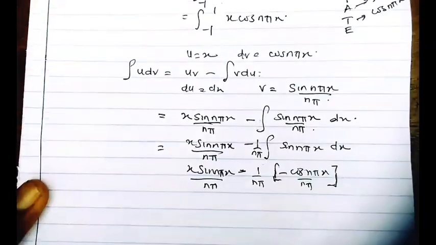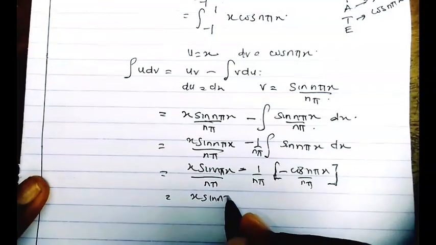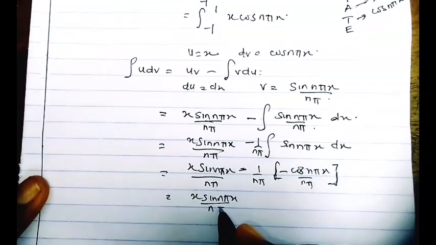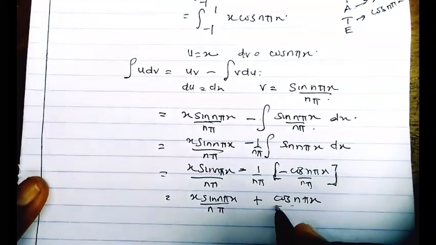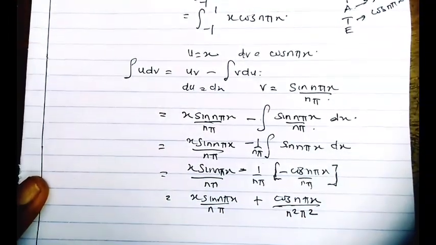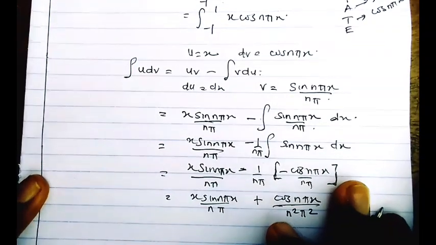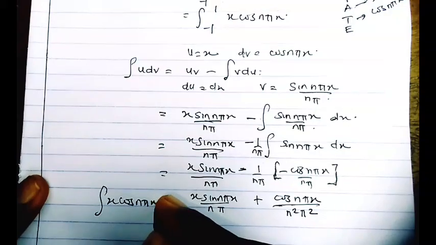So multiplying through by the minus sign, this is x sine n pi x over n pi plus cos n pi x over n square pi square. So remember, all this was from integrating x cos nx, right?